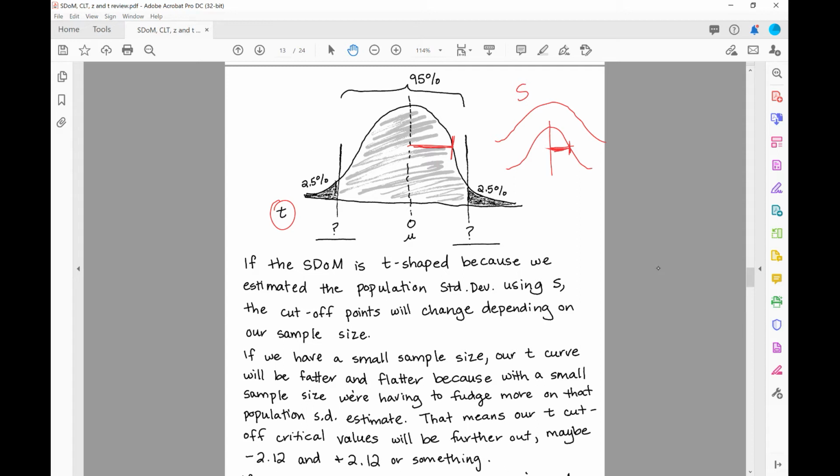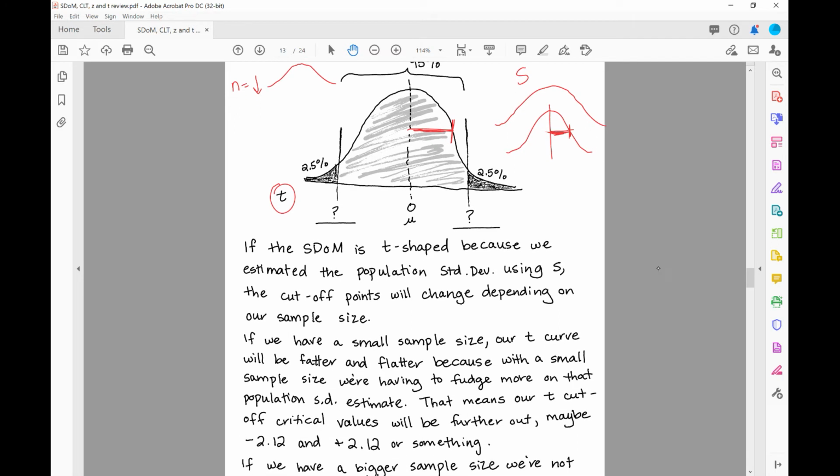So when N is low, we might have a T-curve that looks a lot fatter and flatter. In order to cut off that outer 2.5%, we might have to cut a little further out to really get 2.5% and 2.5% and 95% in the middle.